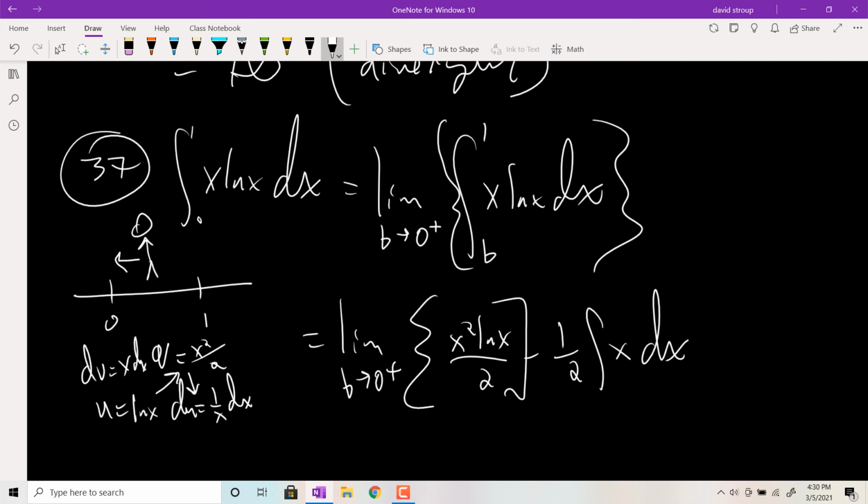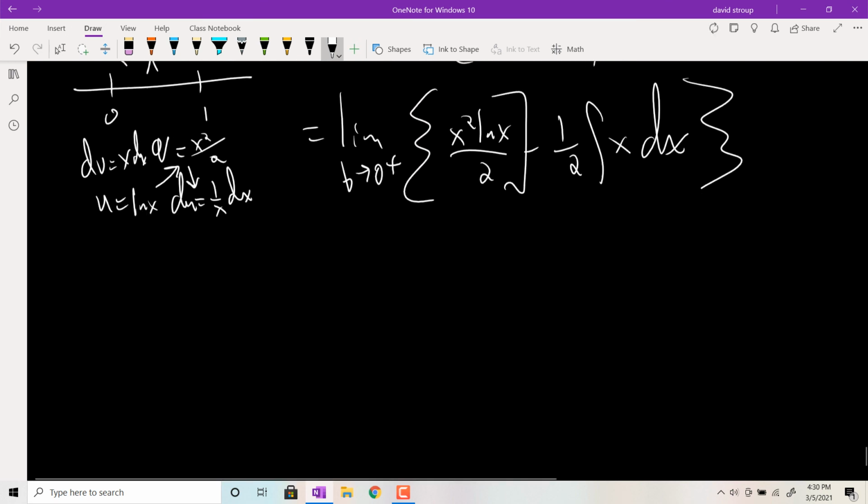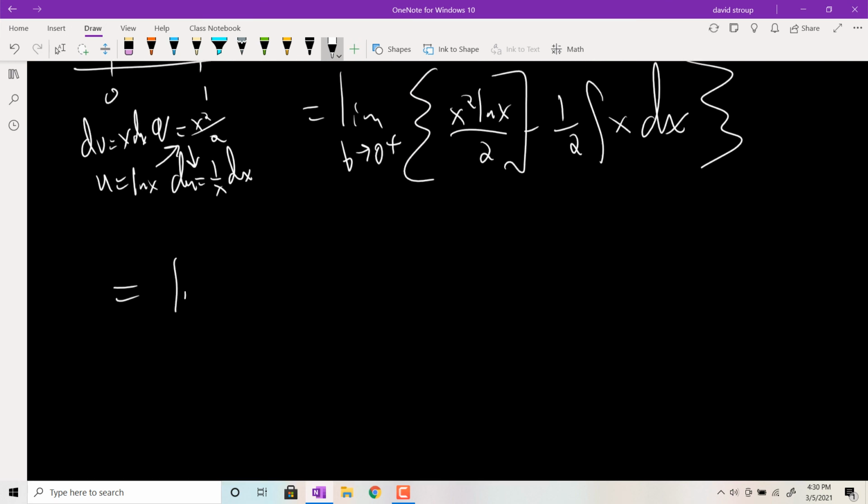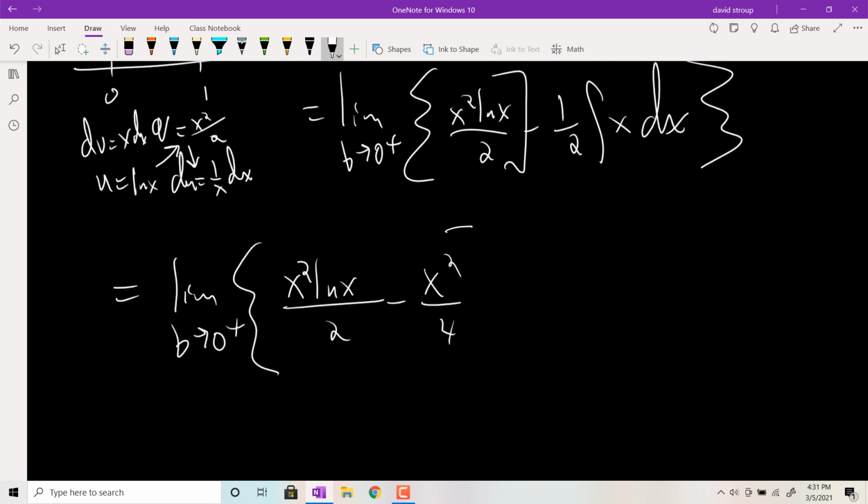I have to remind myself to evaluate. So this will be the limit as b goes to 0 from the right of x squared ln x over 2 minus x squared over 4 from b to 1.